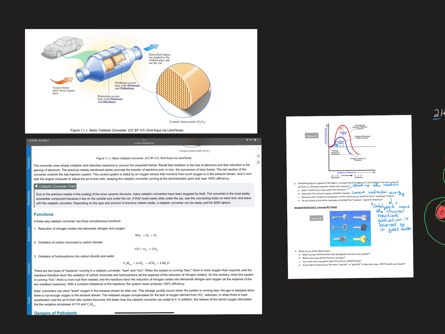So in a catalytic converter, what we do is we take those exhausts from the burning of gasoline, and we run it through this honeycomb that has platinum and palladium coating it.